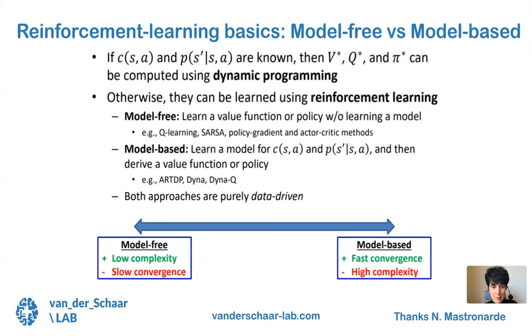So they have low complexity, but very slow convergence and poor quality, and move towards model-based approaches, which have much faster convergence, but potentially may have a higher complexity. And this is work that we have pursued with a variety of former PhD students, inclusively Fangwen Fu and Nick Mastronarde. And this is a slide that I got from Nick.